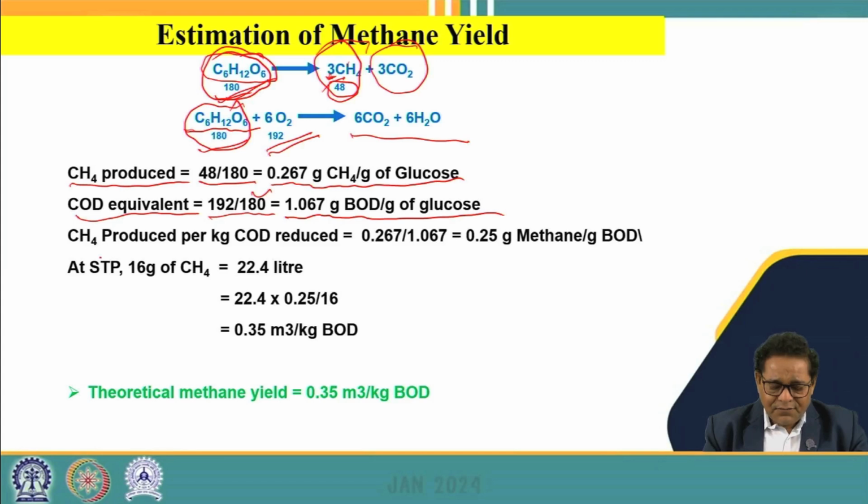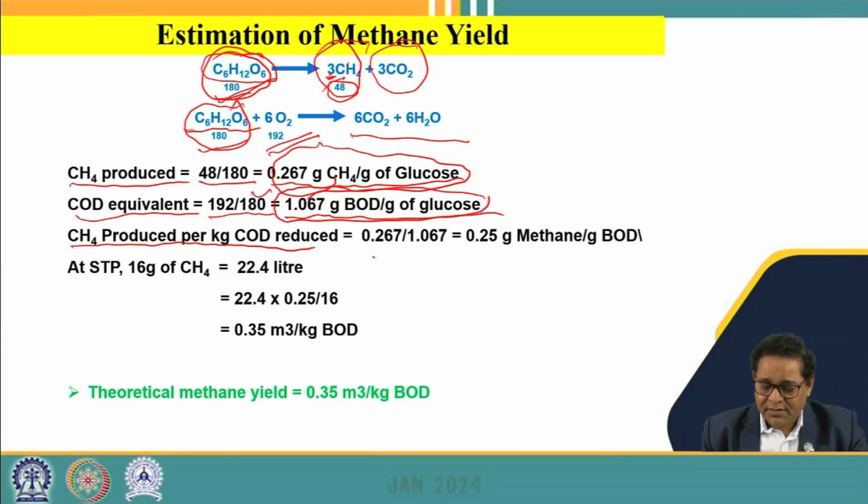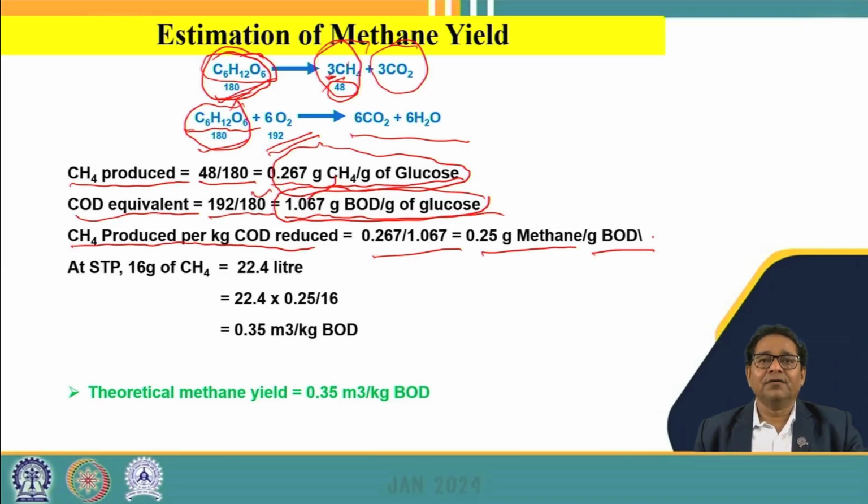So here we see the amount of methane that will be produced per unit weight of COD reduced. The methane generation per unit weight of glucose, divided by the COD equivalent of glucose, gives the amount of methane produced per gram of BOD.